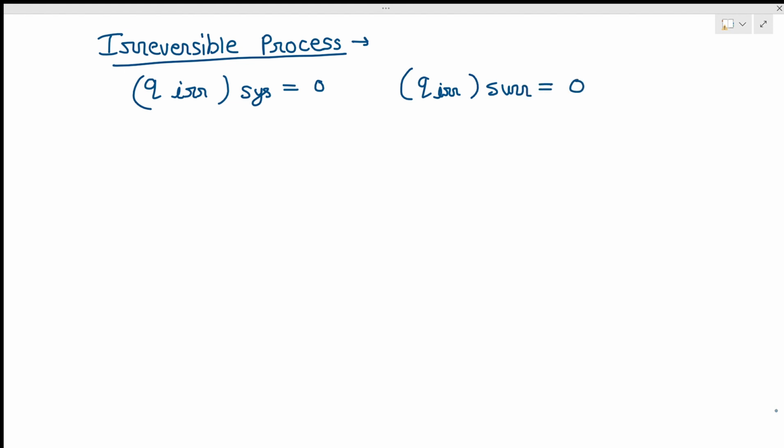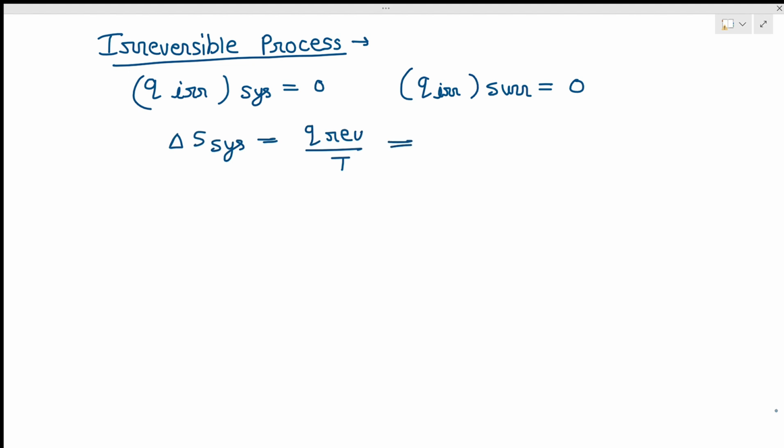And del S system, we know, is equal to Q reversible by T. It is not equal to Q irreversible by T. Always remember that whenever you are given the entropy, it is equal to Q reversible by T, not Q irreversible by T. So it will not be equal to 0.